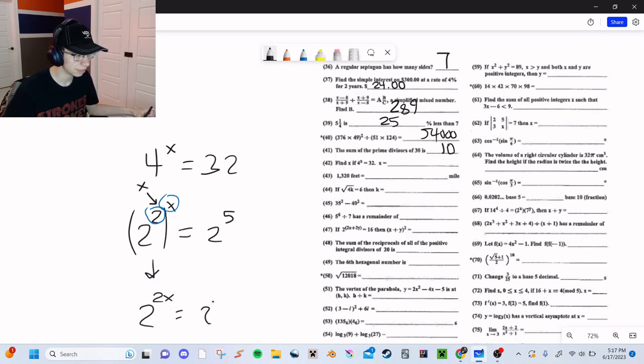We're saying this is equal to 2 to the fifth. And so really what this question has now become is 2x equals 5. Because these have the same base, we're only going to look at those exponents to make sure that they're equal. So we're going to divide by 2 on both sides. This cancels out. We're left with x equals 2.5.